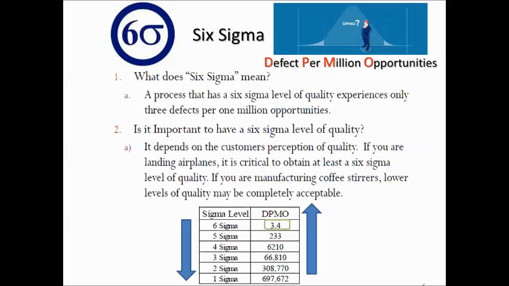If we have a level of performance of 4 Sigma, it will be 6,210. In 3 Sigma, 66,800 defects per million opportunities. So as the sigma level decreases, the number of defects will increase until 1 sigma.